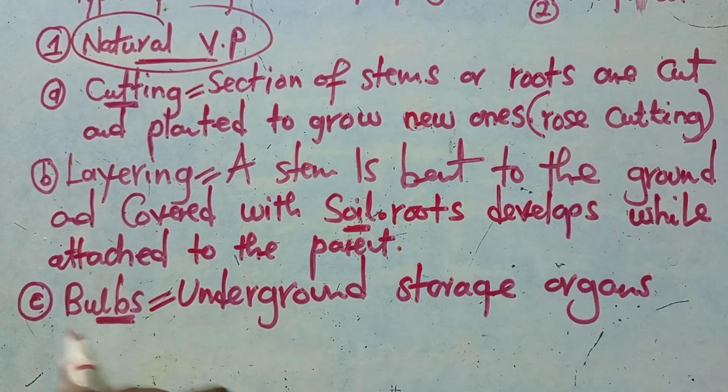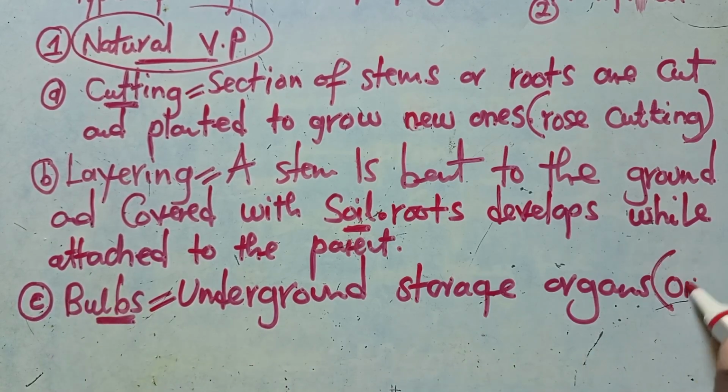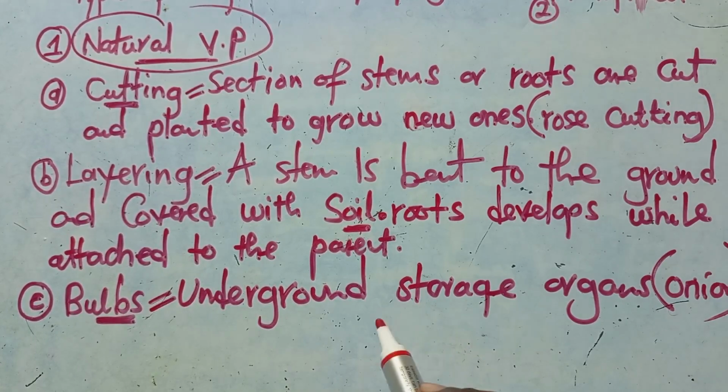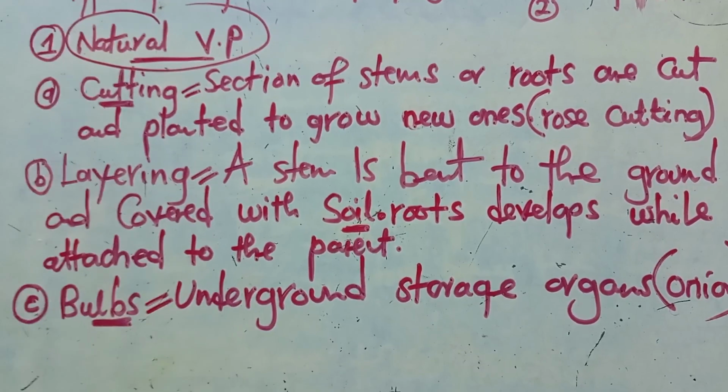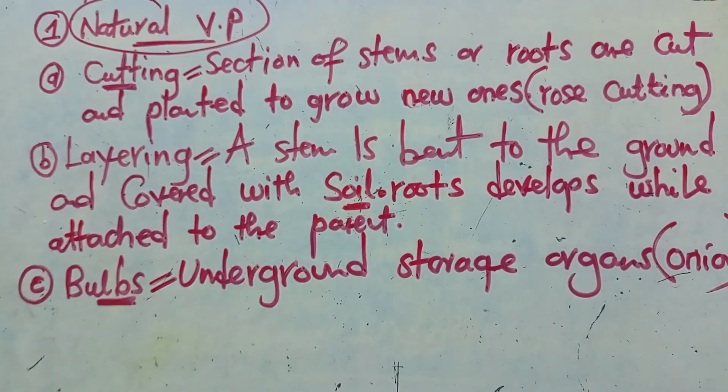Some plants that undergo this process, bulbs, include onion. Just one onion, you plant that one thing, and you discover more onions. The good part is that I'm not dealing with something you've never seen before. I'm just making you realize what you already know.